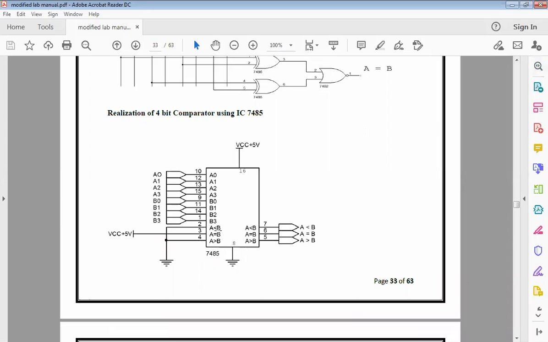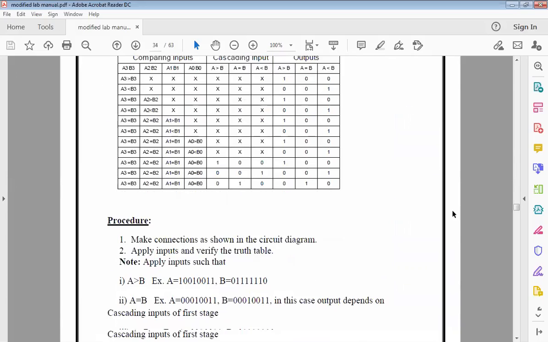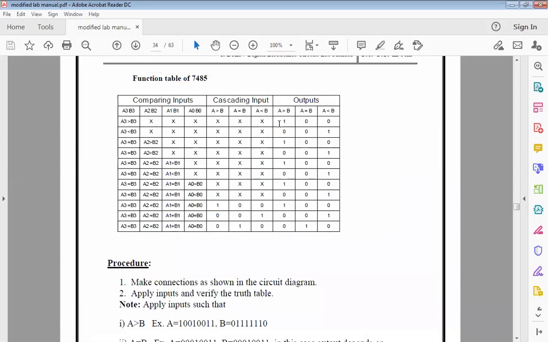If A is less than B gets the high value, then less than B will go high. If A is equal to B gets high, then A is equal to B will be my output. If A is greater than B gets plus 5 VCC, then my output is going to turn on for A is greater than B. Students, any doubts in understanding how the comparison is happening?